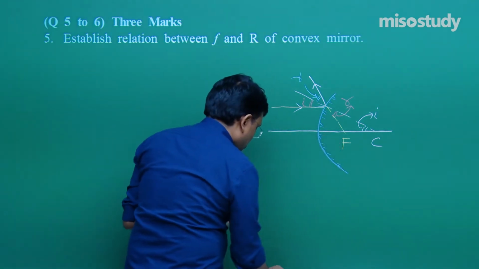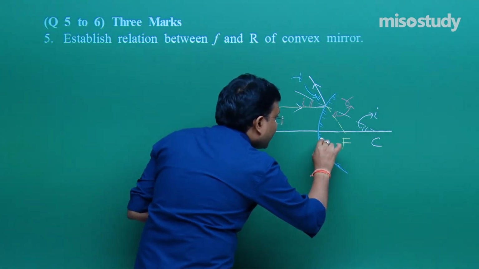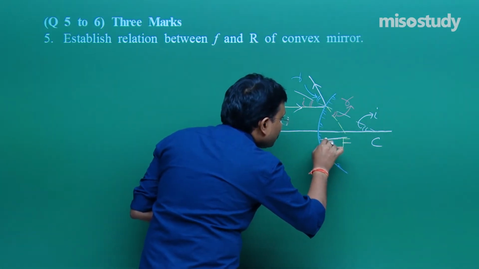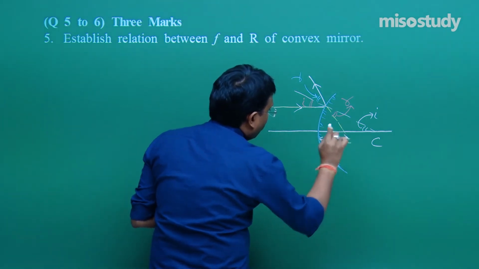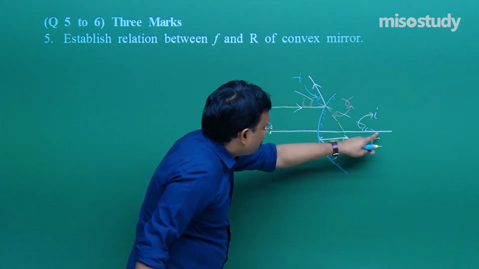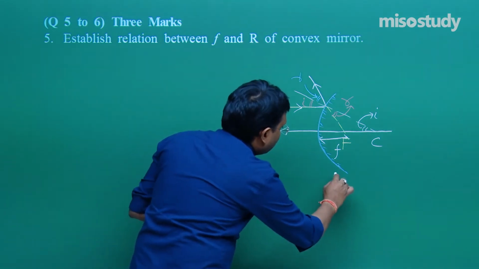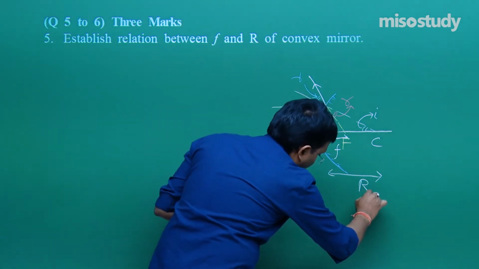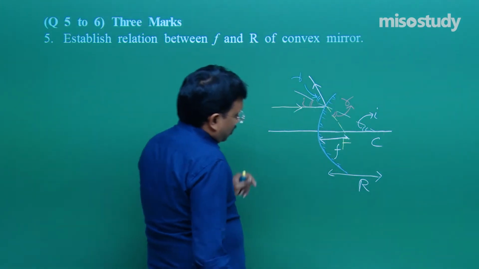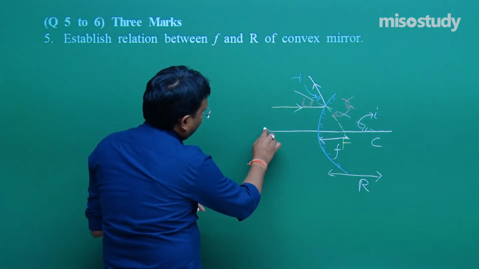Now this gap, please be careful, this gap is nothing but small f, and from here to here it is capital R, fine. So now let us give some names.